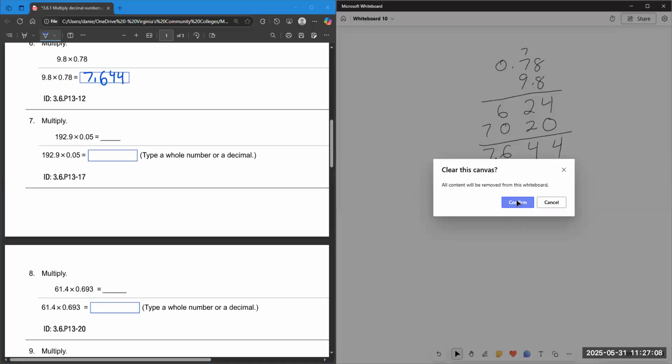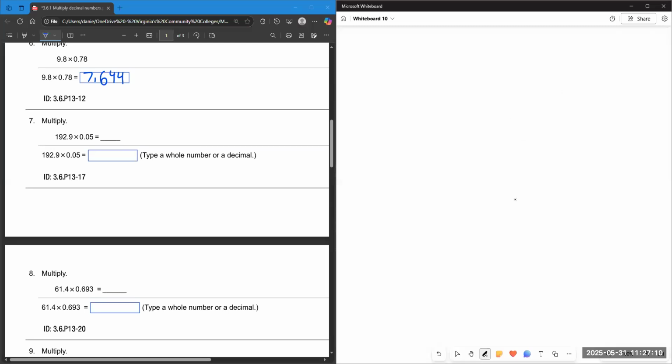All right, let's clear our canvas. 192 and 9/10 times 5/100. 9 times 5 is 45. 10 and 4 is 14. 45 and 1 is 46. 5 and 4 is 9.